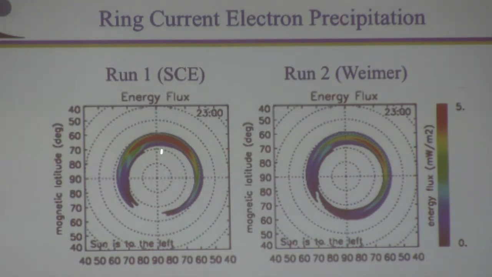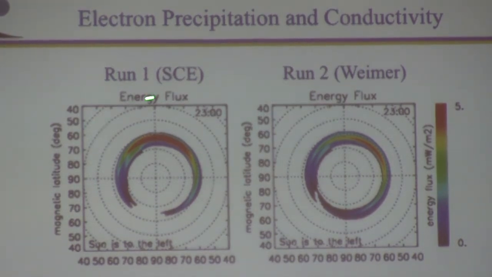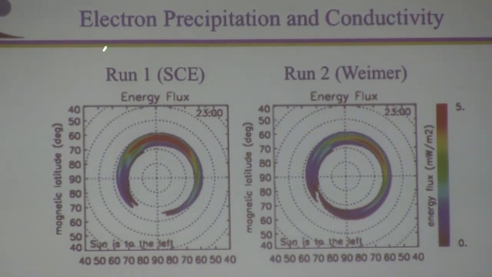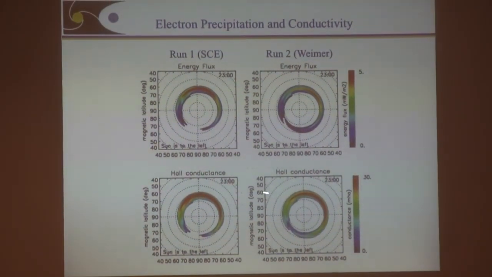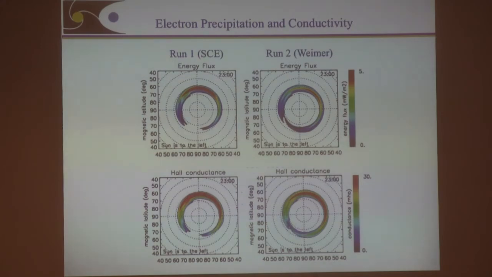In the first run with the MI coupling considered, you see stronger precipitation around dawn, and the one with the Weimar model has the strong precipitation in the pre-dawn sector, and the energy flux is also lower. With this energy flux, and the mean energy for the precipitation, we can estimate the conductance in the ionosphere. Of course, stronger precipitation gives you stronger conductance.